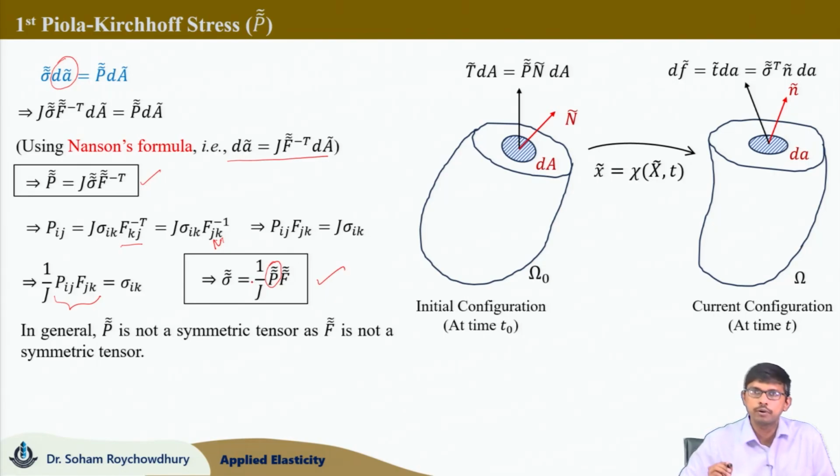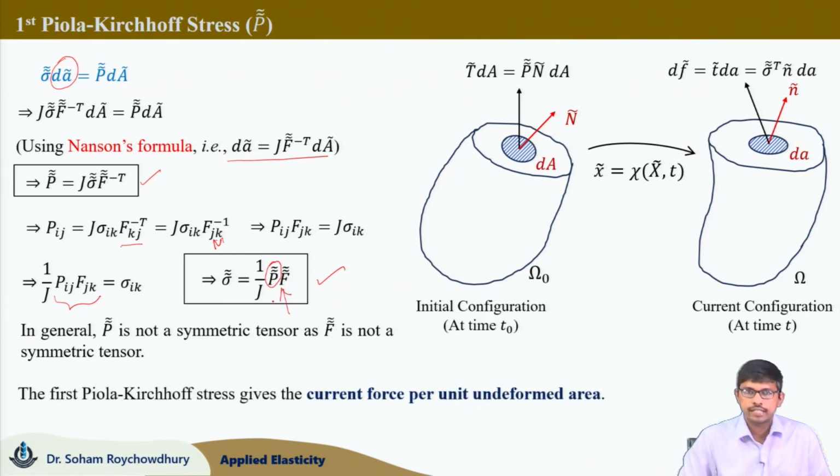That is one of the problems of this stress tensor. We normally want stress tensors to be symmetric, with equal cross shears, but even though sigma is symmetric, F not being symmetric makes P in general not symmetric. So, the first Piola-Kirchhoff stress tensor P gives the current force acting in the deformed configuration per unit undeformed area.